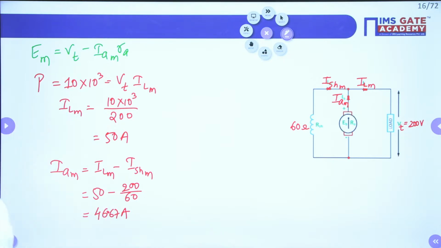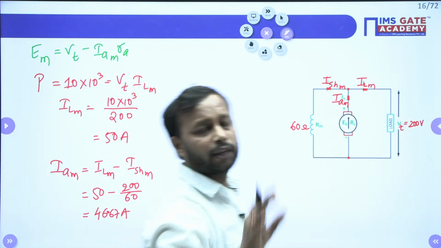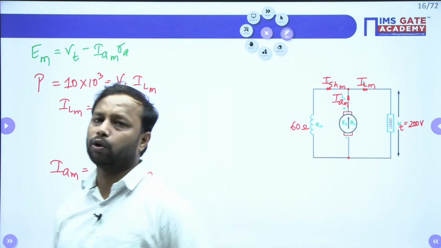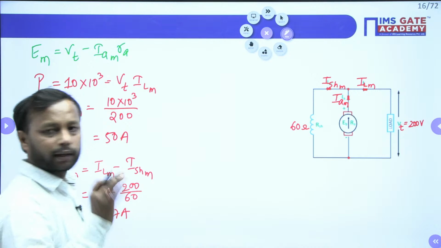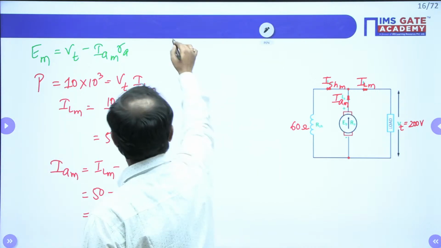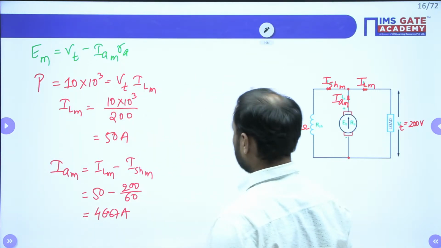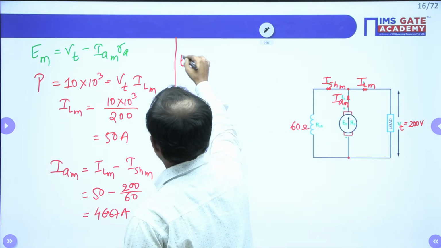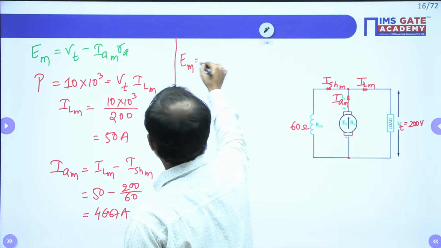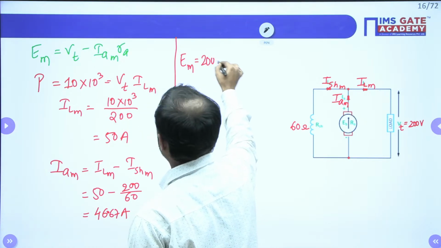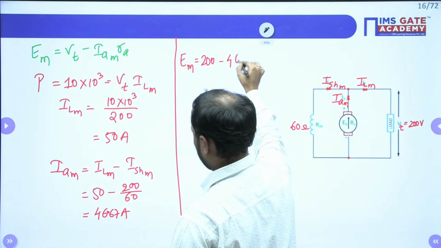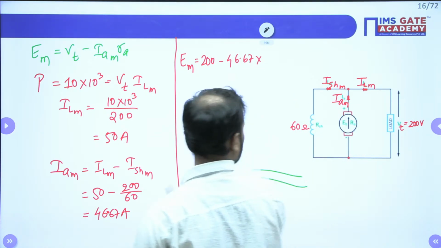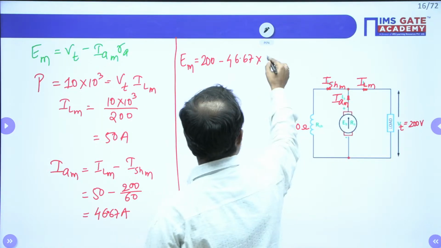This question is very simple. Just use KVL, KCL and the EMF equation, which is proportional to N, and the rest will be your calculation part. All right. So from here, can I have the value of EM? Yes. EM will be equal to 200 minus 46.67 into RA, which is 0.025.